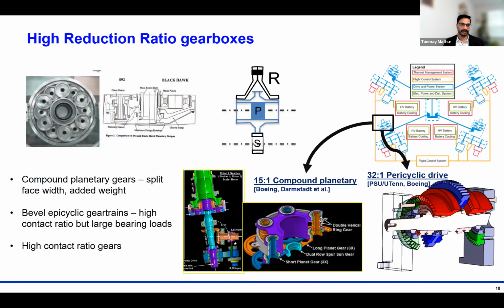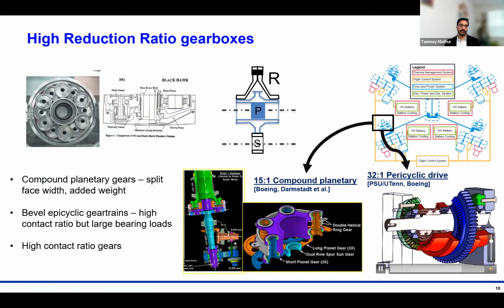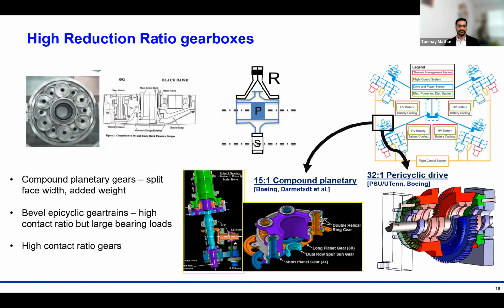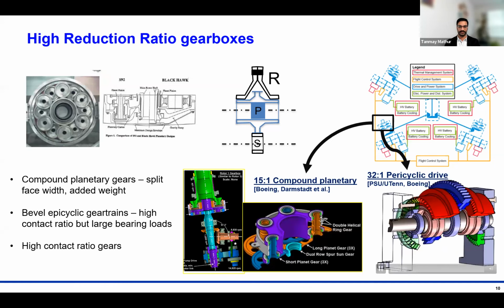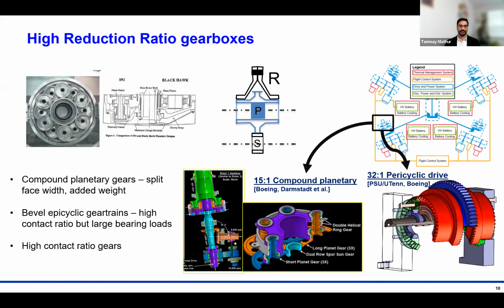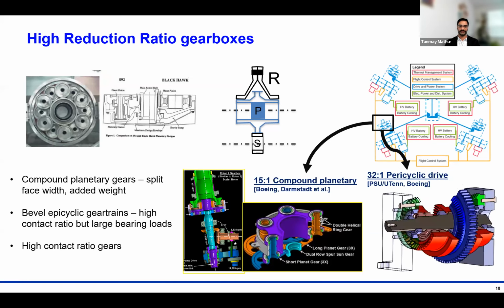All right. The gear trains that allow very high reduction ratios are also of significant interest to the community. The most you can get out of current planetary gearboxes is about 4:1 reduction ratio. But with gearboxes like the compound planetary and pericyclic drive, you can get much higher gear ratios.